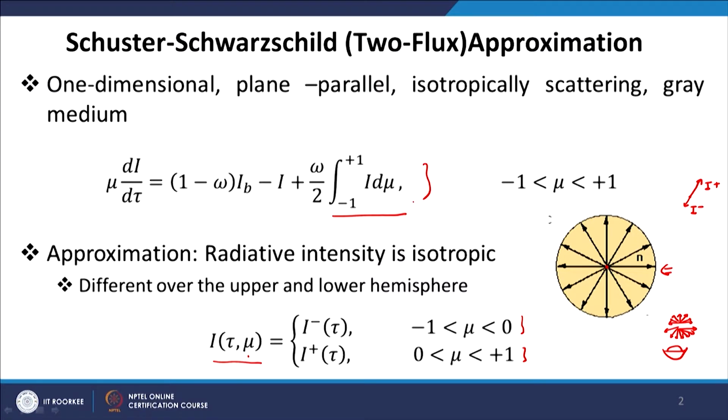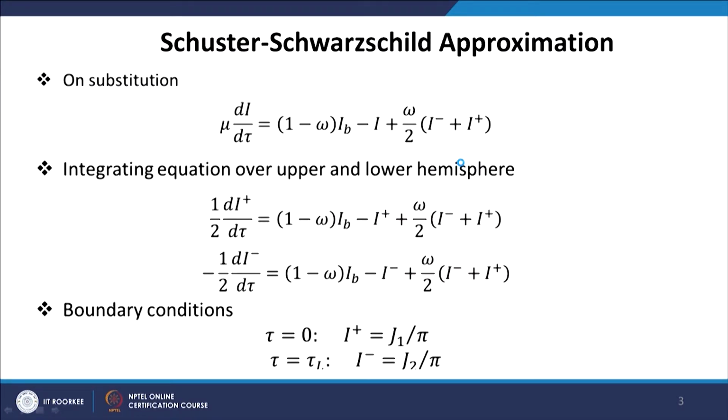Substituting the expression of I in this equation, we get mu times dI by d tau is equal to (1 minus omega) I_b minus I plus omega by 2 (I minus plus I plus). So, we see that with this approximation on intensity, the integro-differential equation has reduced to just a differential equation, but this differential equation has to be solved for all the solid angles.